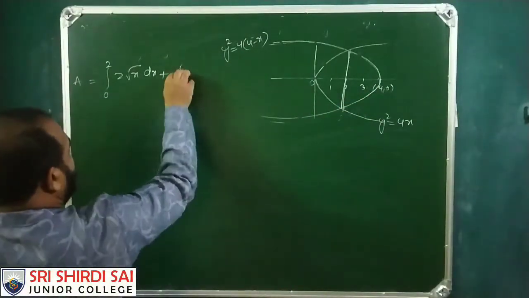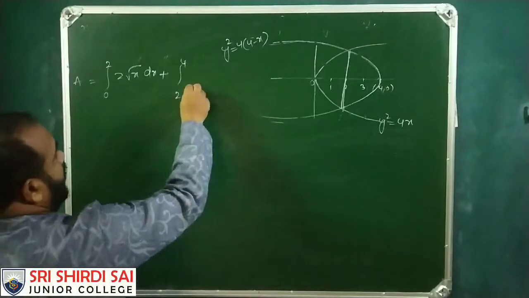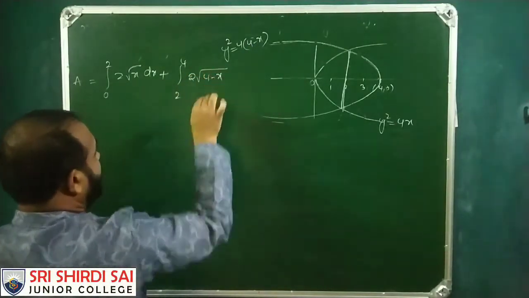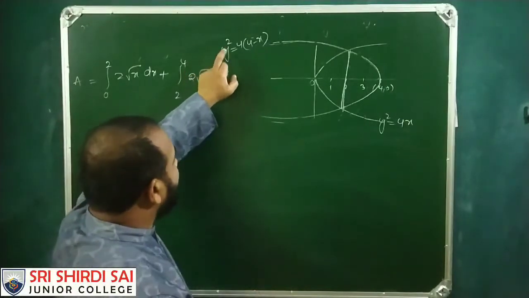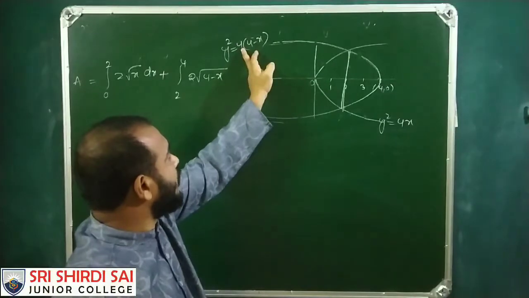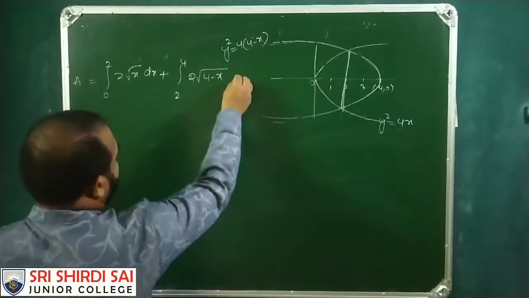4 minus x. So from 2 to 4, square root of 4 into 4 minus x, which is 2 root of 4 minus x. Because if y square is this, y equals square root of 4 into 4 minus x. Root 4 is 2, so 2 root 4 minus x dx.